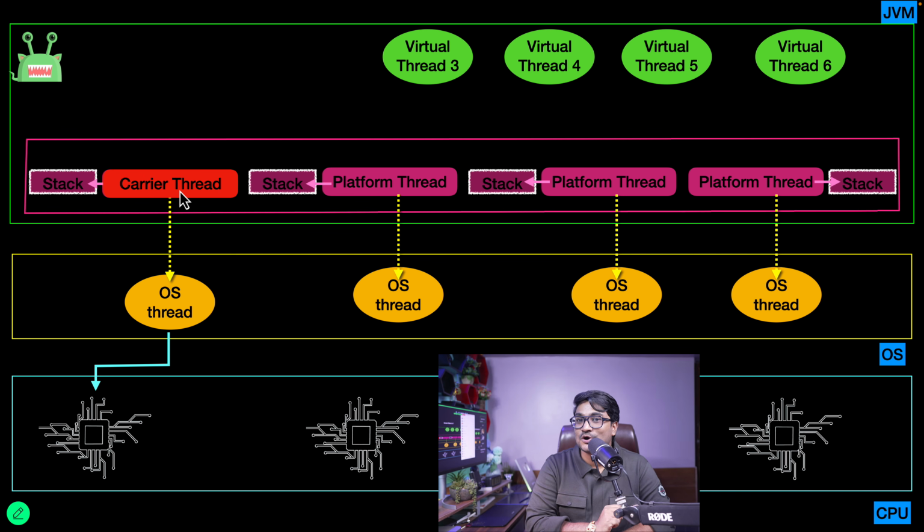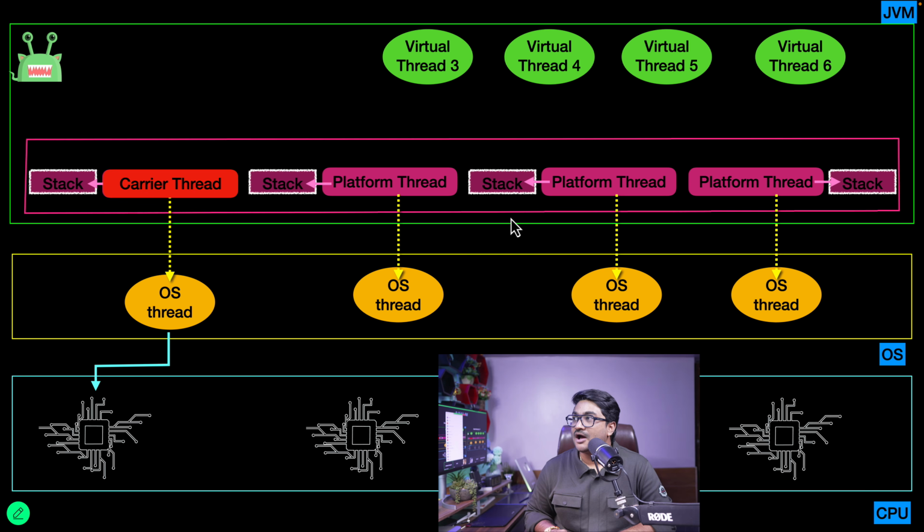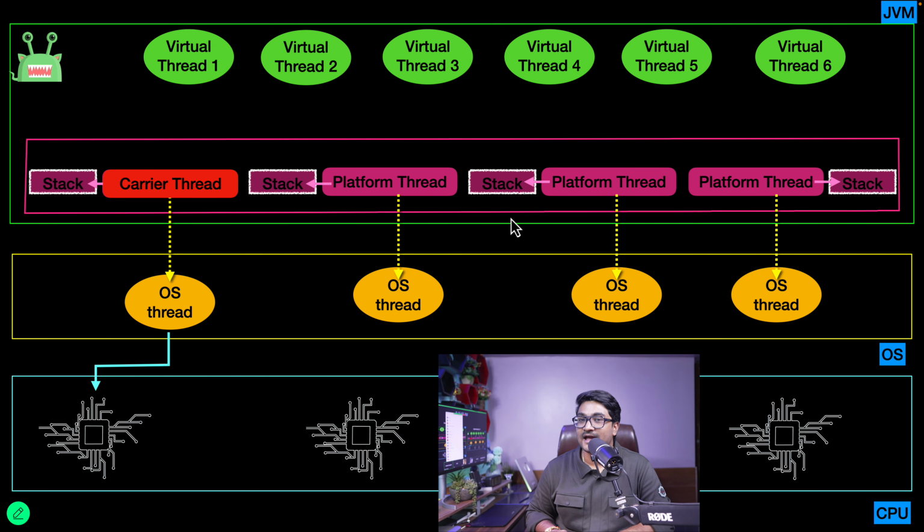Now, let's go to the next step. Now imagine we have so many virtual threads over here. The question I have is, how will all these virtual threads work in real time? As you know, each will have a reference to a platform thread.